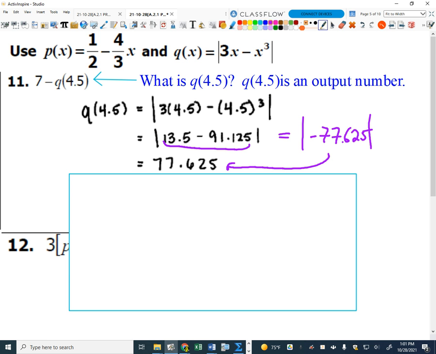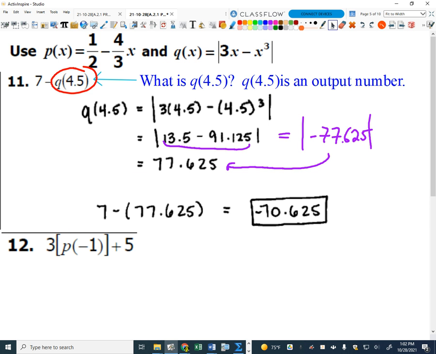Oh, okay, then I have to subtract that from 7. Because all we did there was find what the output number Q of 4.5 was. Now we have to finish the problem by subtracting that from 7. So that's what we get. Okay, now on Desmos, see if you can get that real quick.